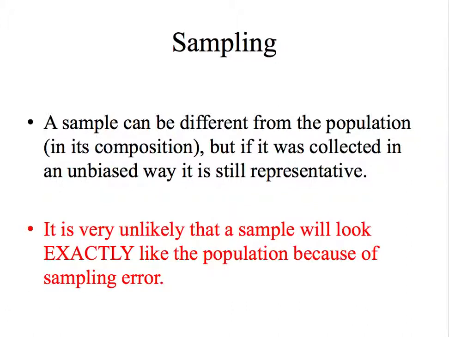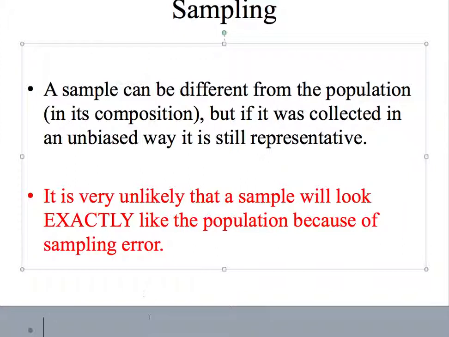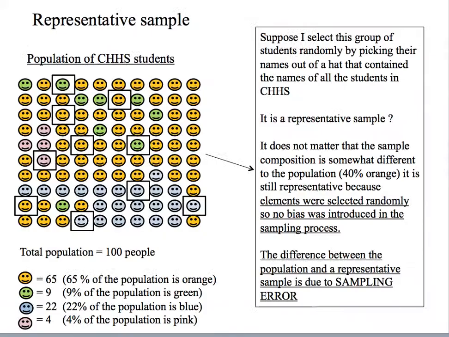Let me give you an example. Let's suppose we have a population of CHHS students, and we collect a sample. It is a random sample of 10 students. Now, we know here, if we were able to see the population, we would know that 65% of all CHHS students are orange, have orange faces.